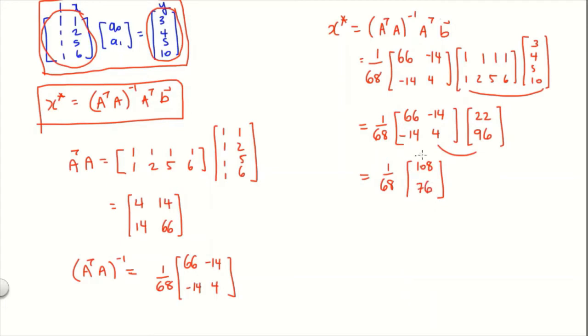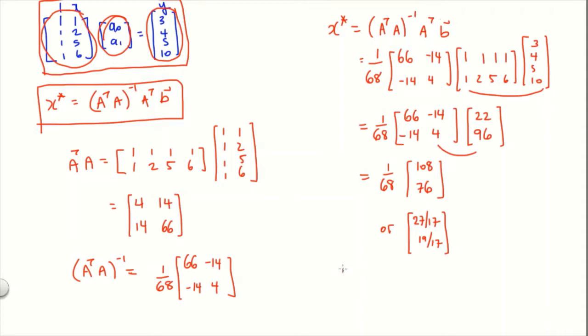Now, if we look at our coefficients here, 108, 76, as well as 68, those are all divisible by 4. So we may want to simplify these fractions a little bit. Instead of writing 108 over 68, we might want to write 27 over 17, and 19 over 17 for the second coefficient here. Okay, now going back to our original system, remember these represented the values of A0 and A1.